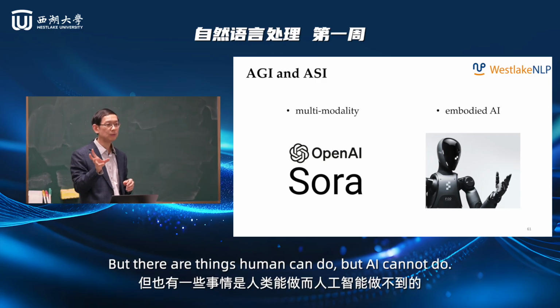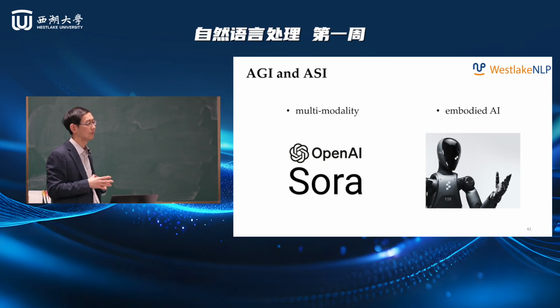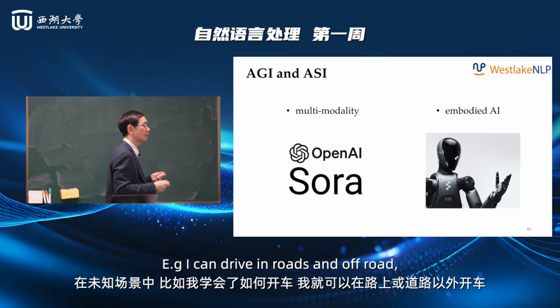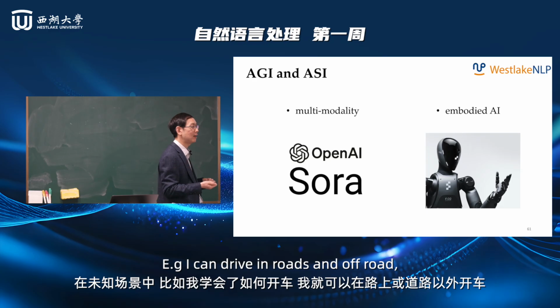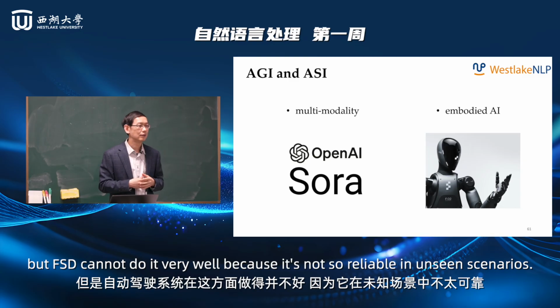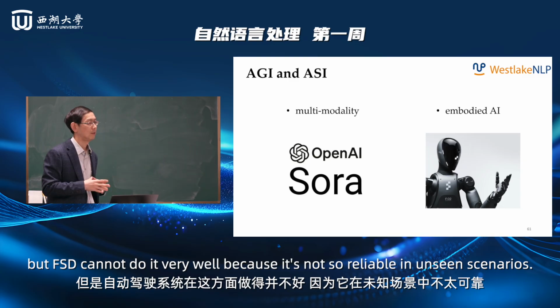But there are things humans can do but AI cannot do. Reasoning, and performing reliable decisions in unseen scenarios. For example, I've learned how to drive, and I can drive on roads and off-road. But FSD cannot do it very well because it's not so reliable in unseen scenarios.